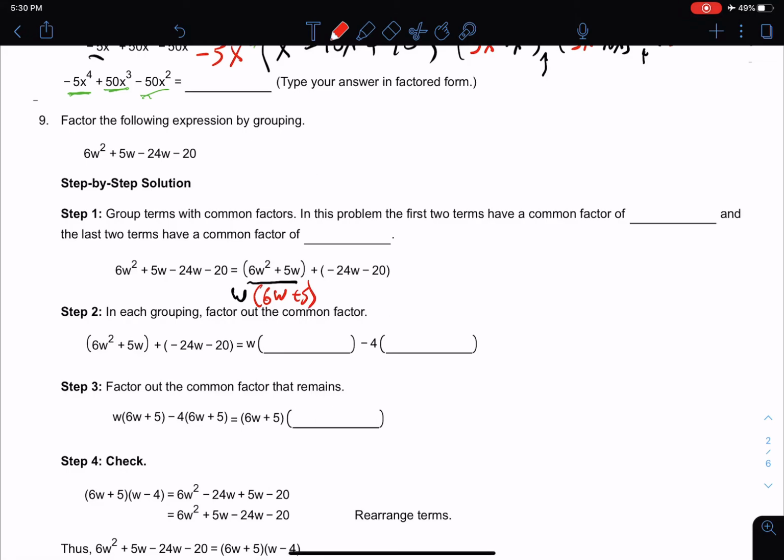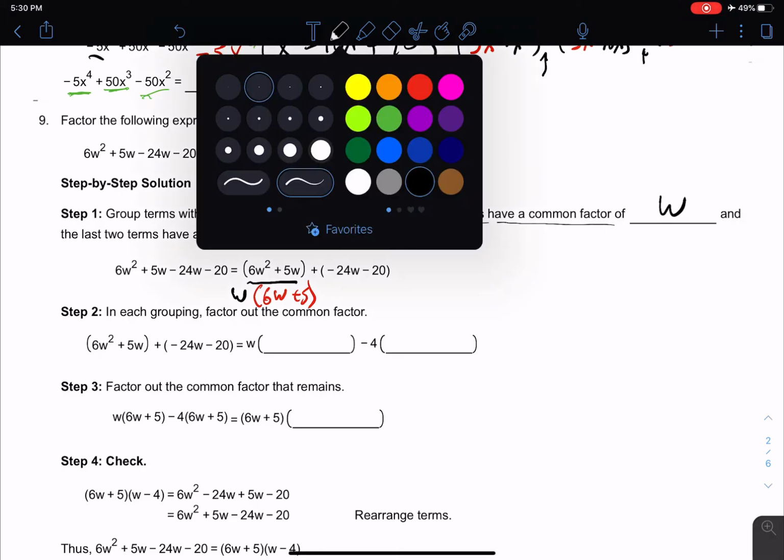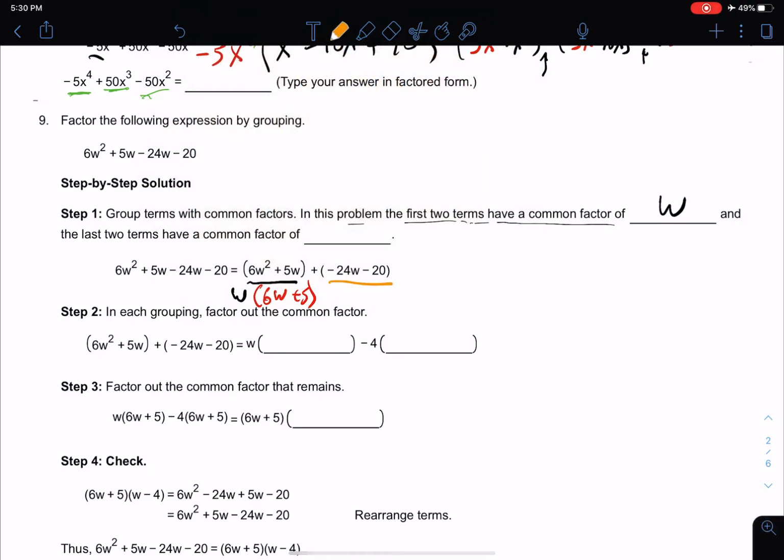So in this problem, the first 2 terms have a common factor of w, and the last 2 terms, this guy, have a common factor of, what was it?